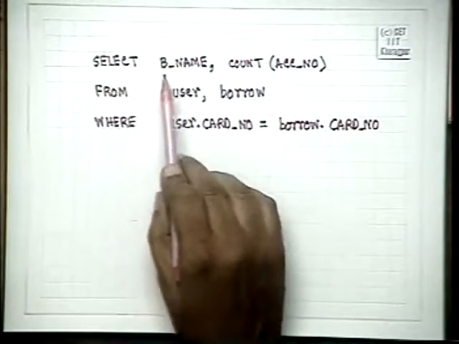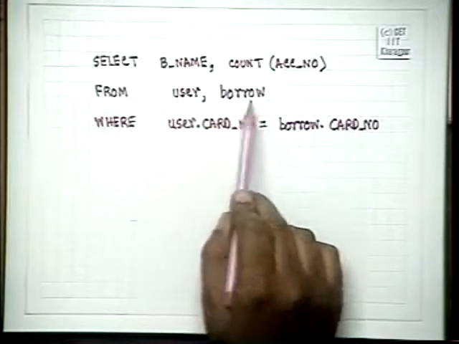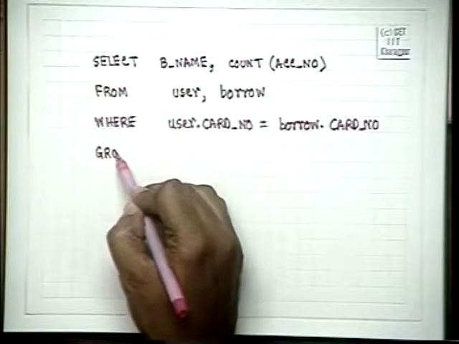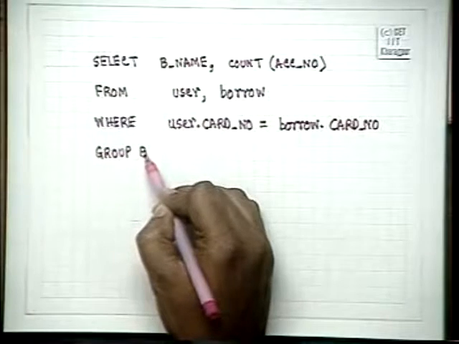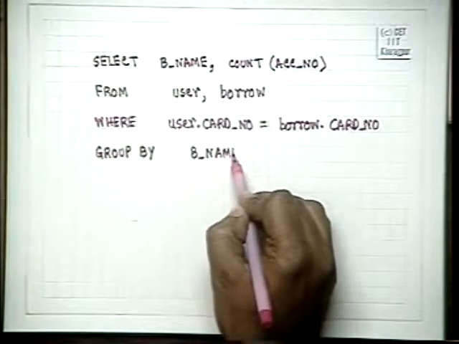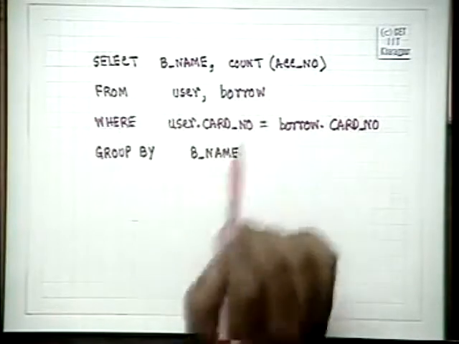This is how we have got the names of all the borrowers. We will group it by B name and count out the accession number.